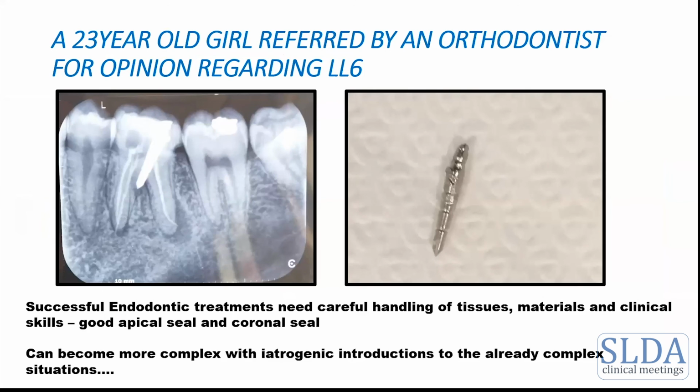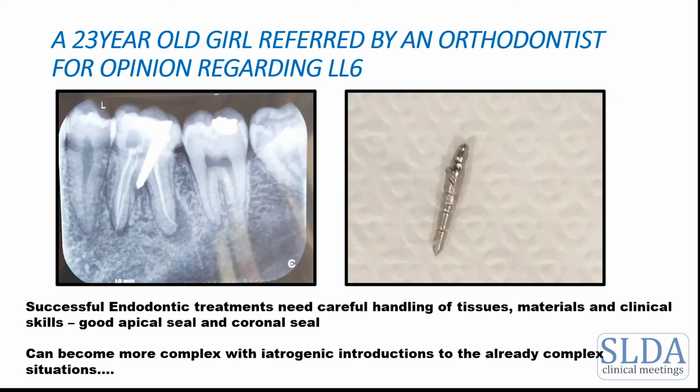And this is the last slide. This is a 23-year-old girl referred by an orthodontist for opinion regarding lower left 6. She requested the preservation of this tooth. There is no need of extraction in the lower arch. So what are the findings?